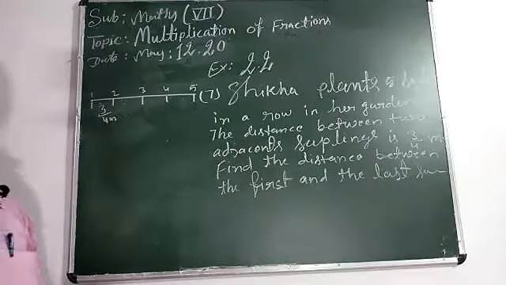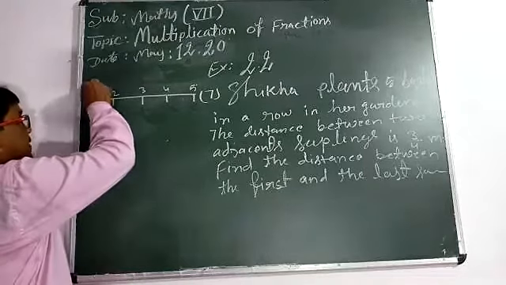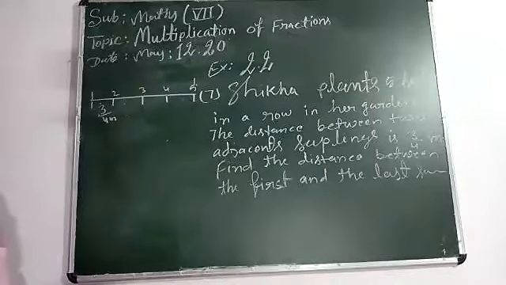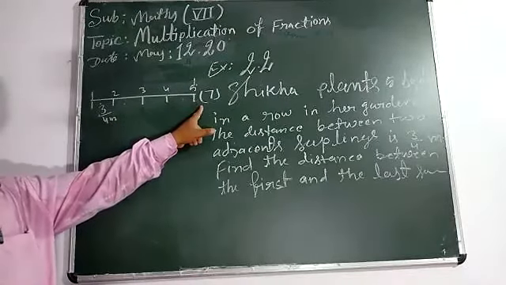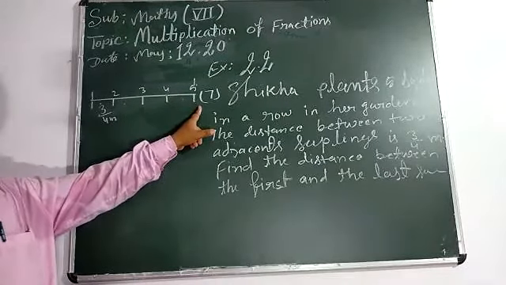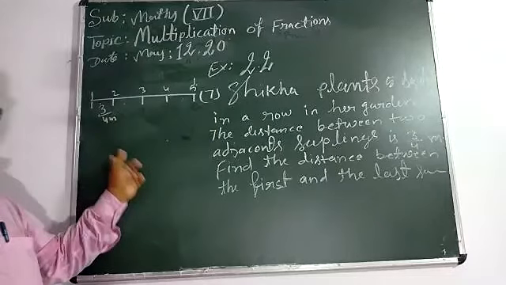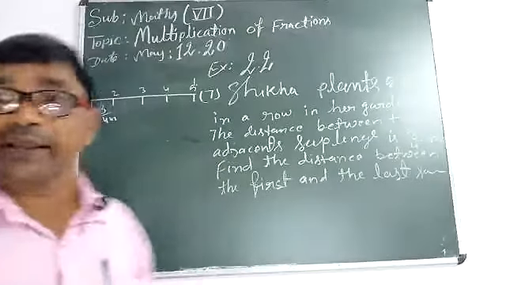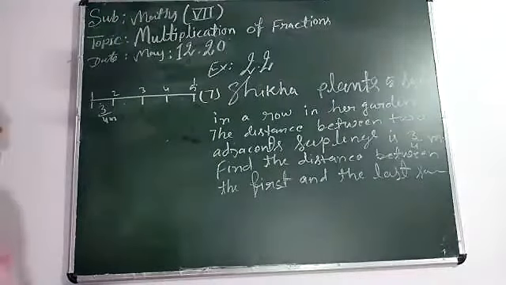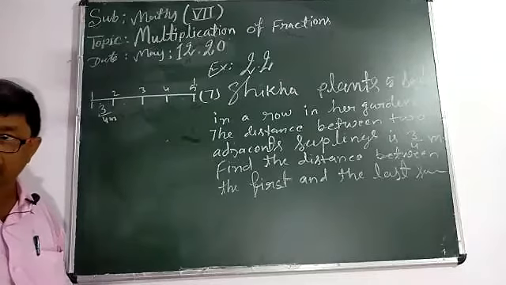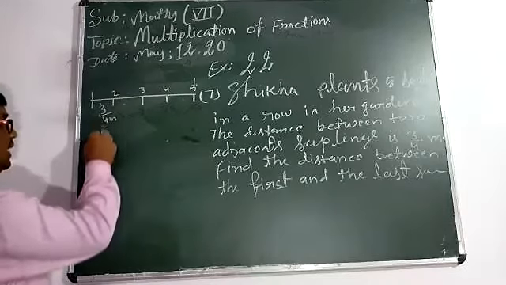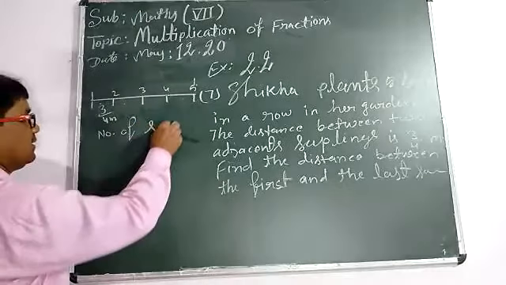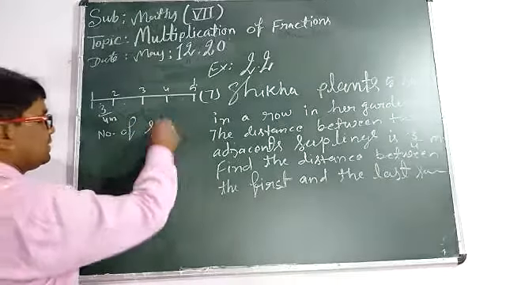And the question is asking, find the distance between first and the last. This is the first and that is the last. If you want to go from first to the last, how many distances do you have to walk? You should think yourself. Number of saplings equal to 5.